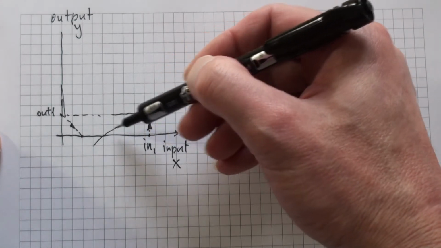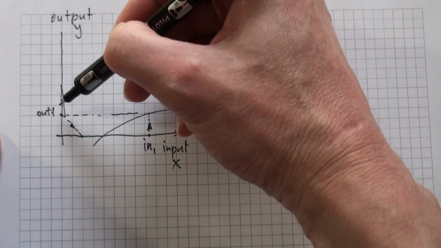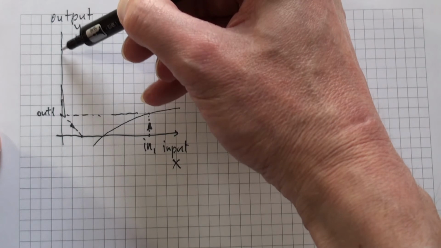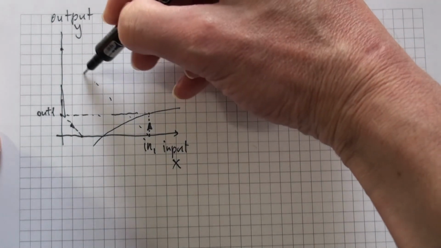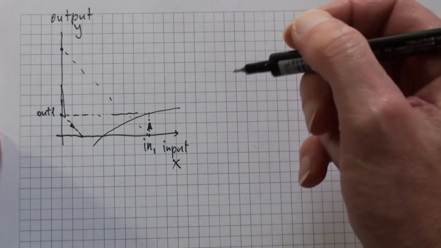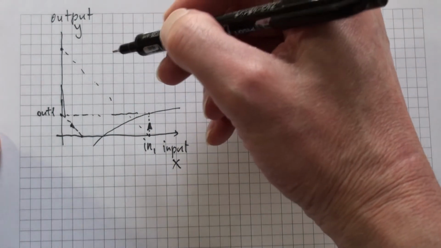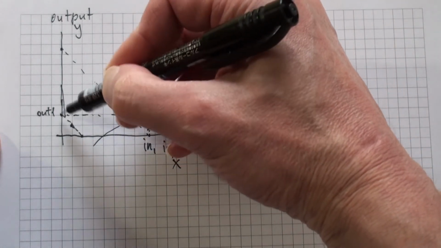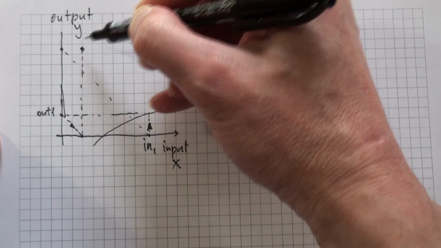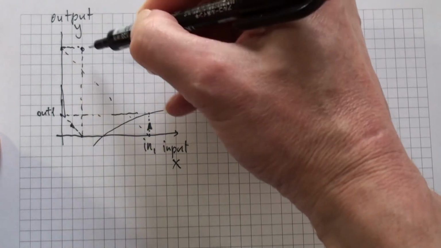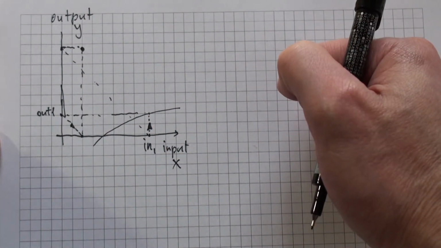What was it? 3, 6, 8.5. So I copy this number to my y side of the picture. And the inverse function, when I put this number which I have copied into it, it will give me this output, right? So I can recover this one point of the inverse function.